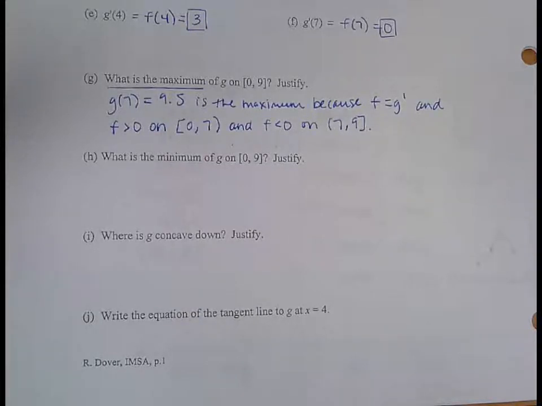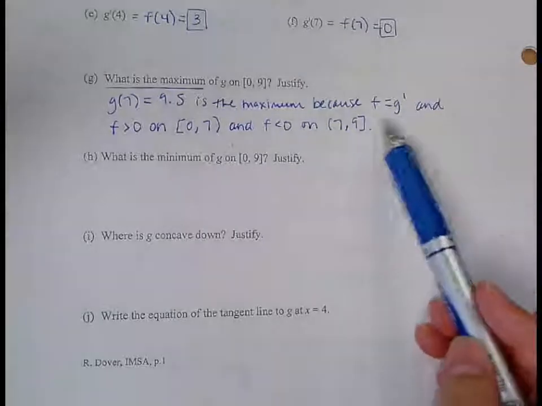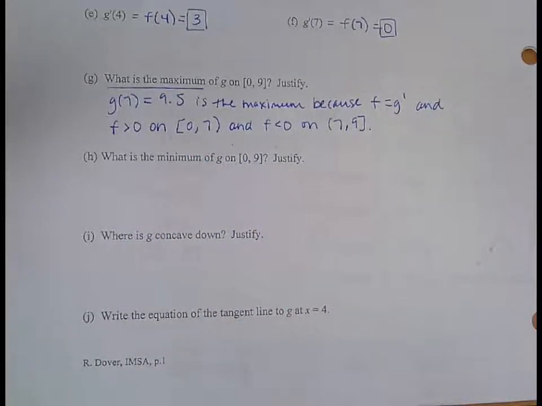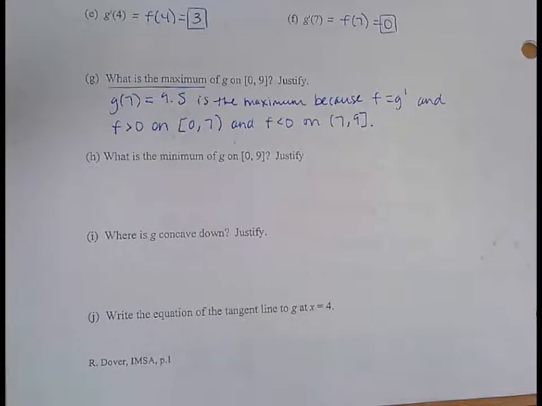I'm showing that f is g prime, so the derivative is changing from positive to negative at 7. Okay, so this is a better reasoning than just saying in words, because there is a 0 at 7 and the graph is changing from positive to negative. So rather than saying that in words, this would be a better way to phrase that. Okay?